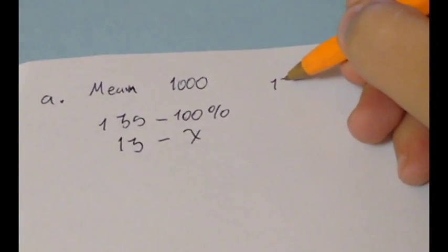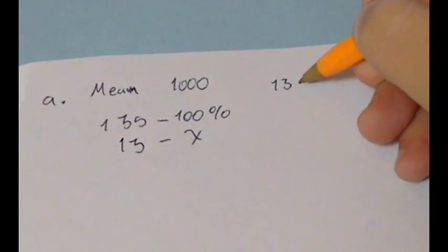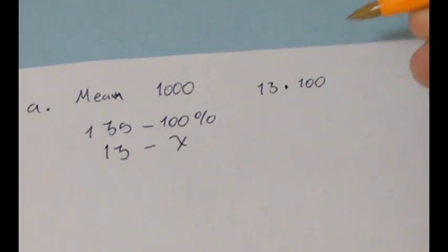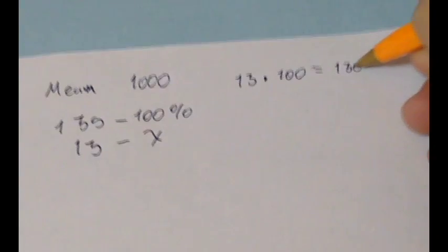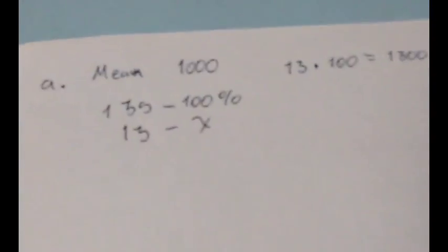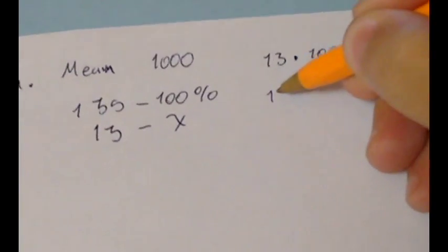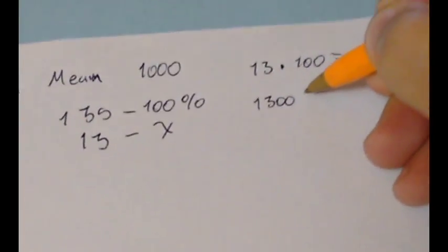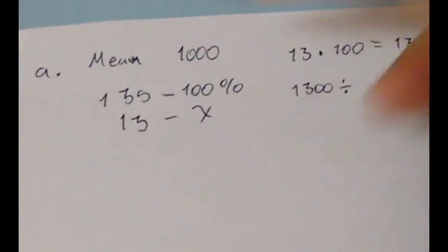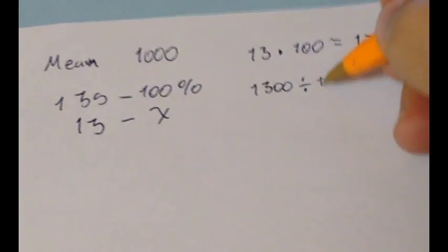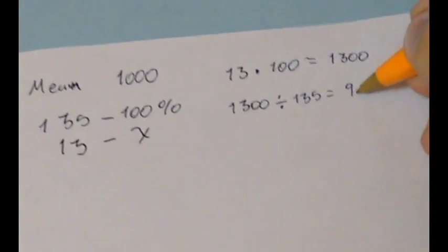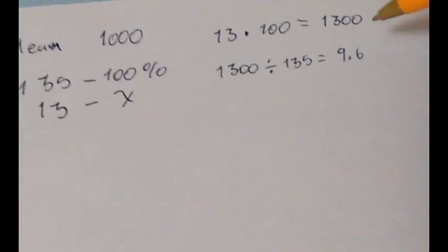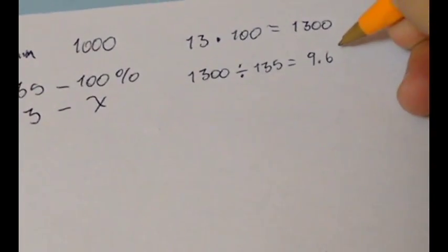We have to multiply 13 by 100, which gives us 1300. Then this we have to divide by the total number of students, which is 135. This gives us 9.6. This would be the percentage.